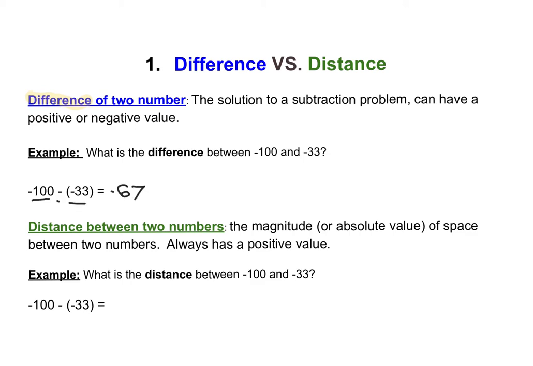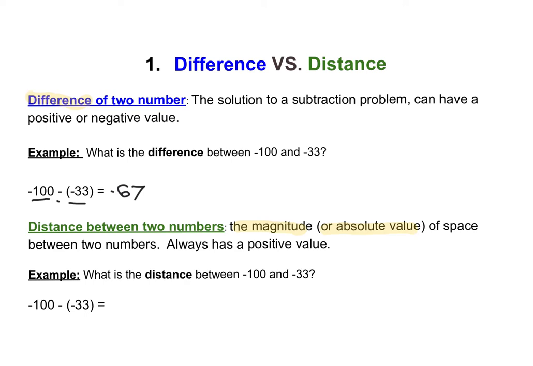You could use a number line to solve that. You can do this by hand, or you're welcome to use your calculators as well. We're also talking about the idea of distance between two numbers. When we're asking for the distance between two numbers, we are specifically talking about the magnitude, the size, or the absolute value of the space between the two numbers.